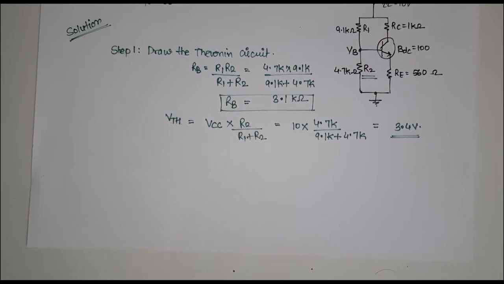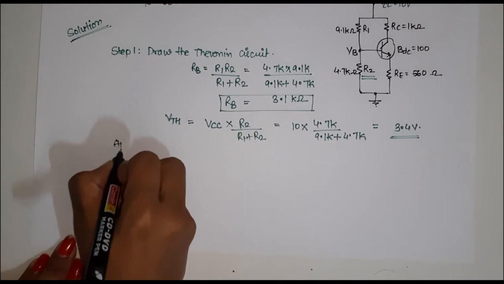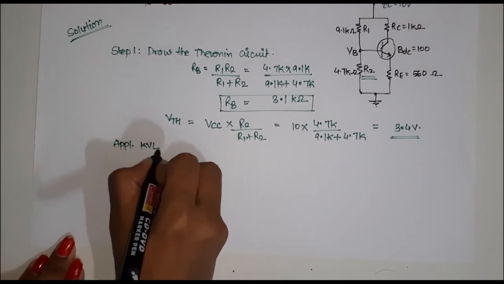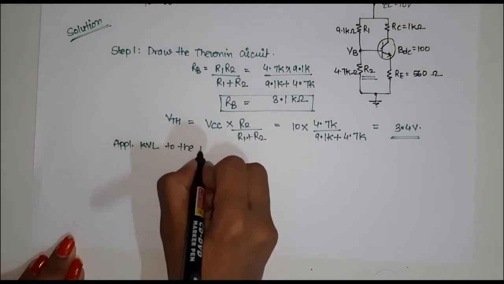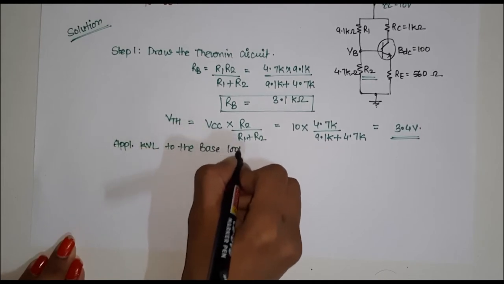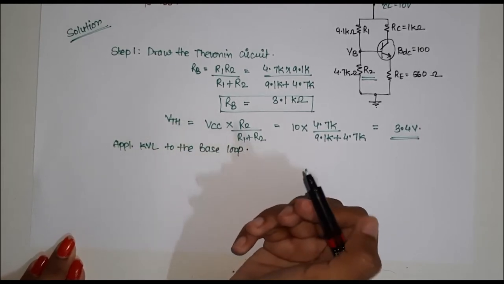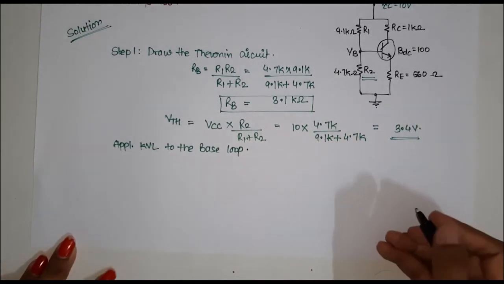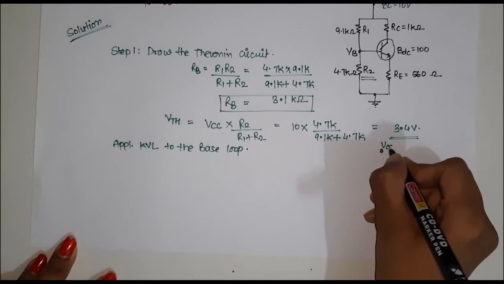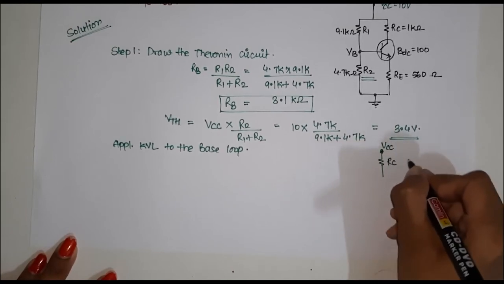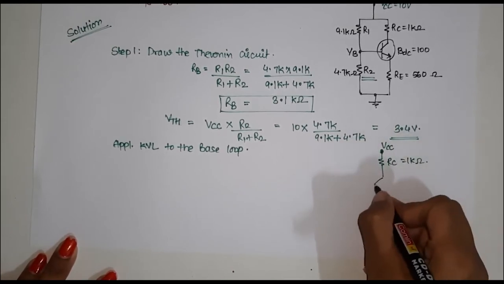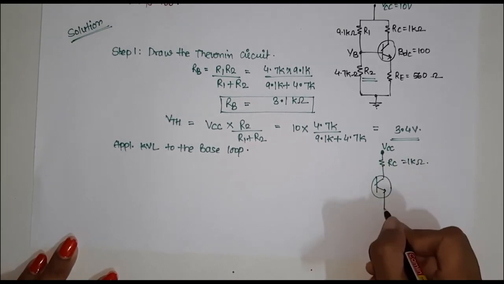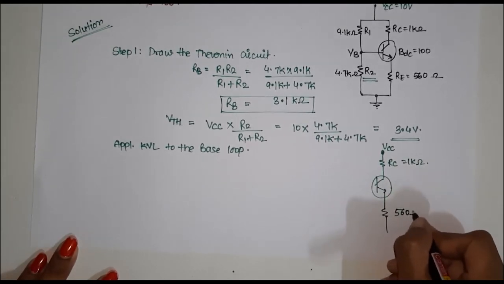So now what we'll do is, to calculate the value of IC, we need to apply KVL to the base loop. Okay. Now base loop यानी कि क्या? What first we'll do is इसको हम convert करेंगे Thevenin equivalent circuit में. So it would look something like this. This is VCC. ये हमारा RC, that is 1 kilo ohms. फिर हमारा BJT, ठीक है? This is RE, that is 560 ohms.